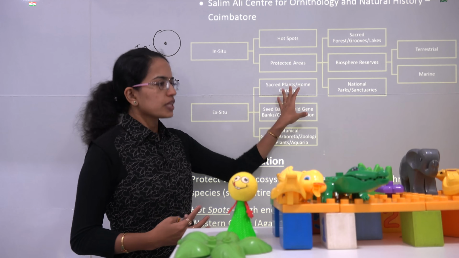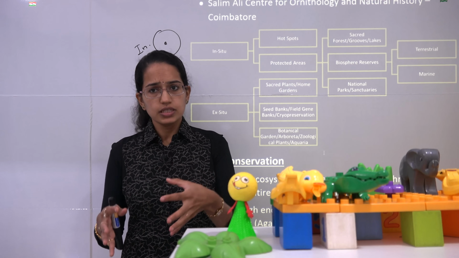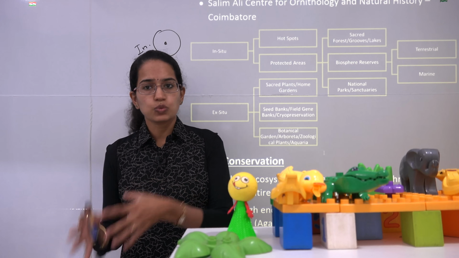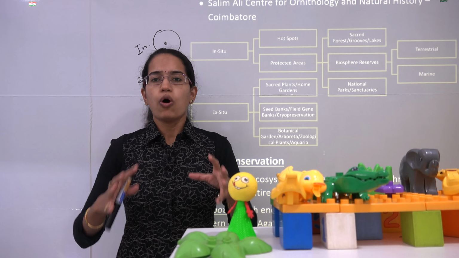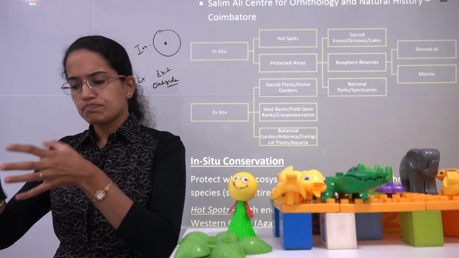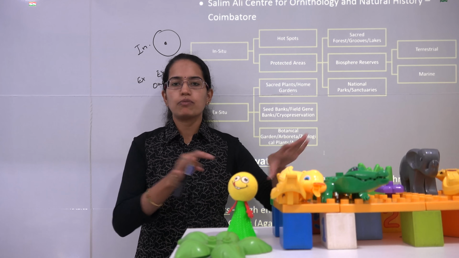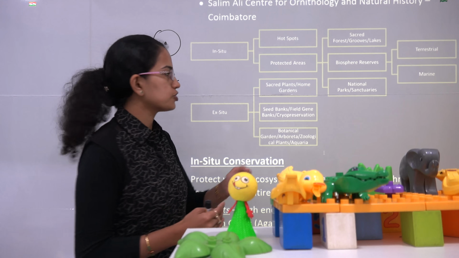Besides these, there could be some sacred plants. For example, tulsi is worshipped in many households. Neem is worshipped, banyan tree is worshipped in some households. So all those trees are sacred trees and considered important. What people do is they take them away from their natural dwelling and try to conserve them because of the sacred reasons.